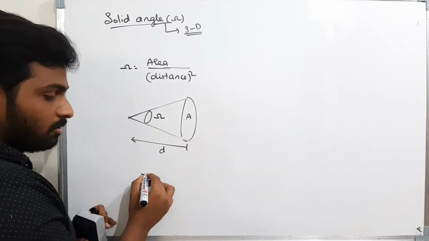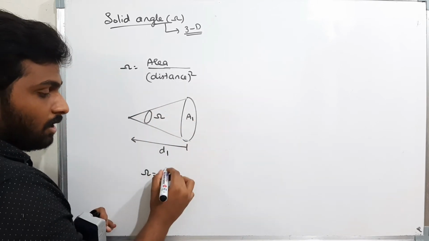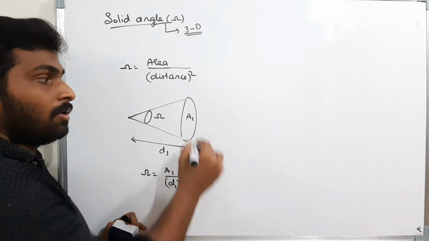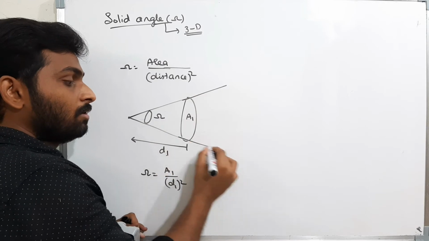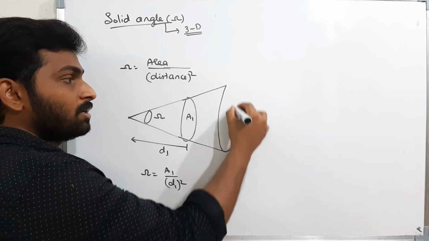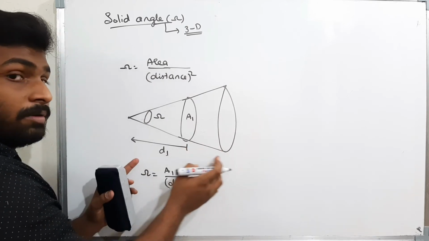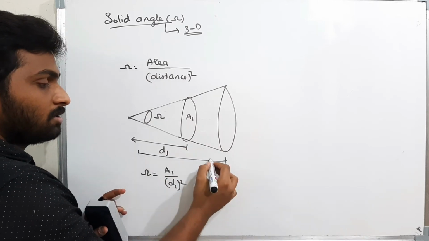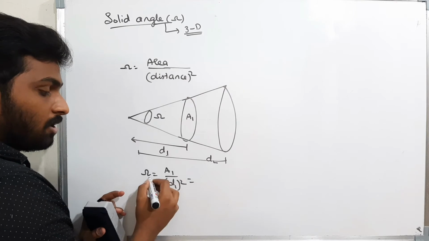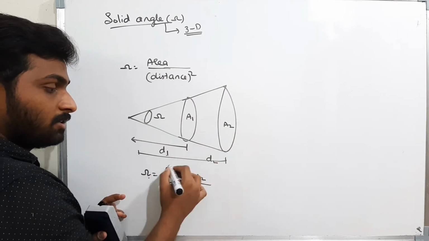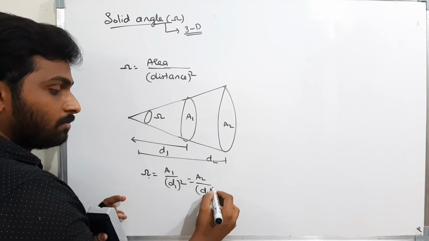Therefore the solid angle is given by the formula A1 by D1 whole square. Now the same angle can be seen for another body of bigger size. When the body is bigger, to have the same angle, the body has to be kept at a little bit far distance. Therefore the distance is D2. Therefore the same solid angle is nothing but A2 by D2 whole square.